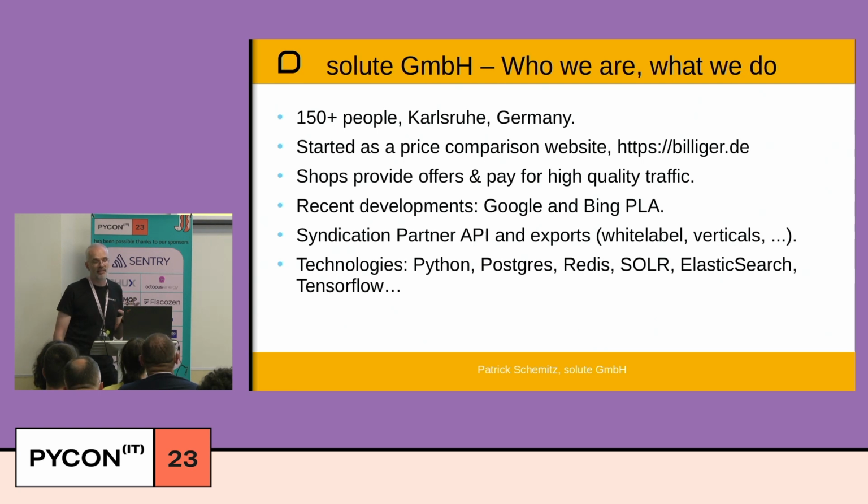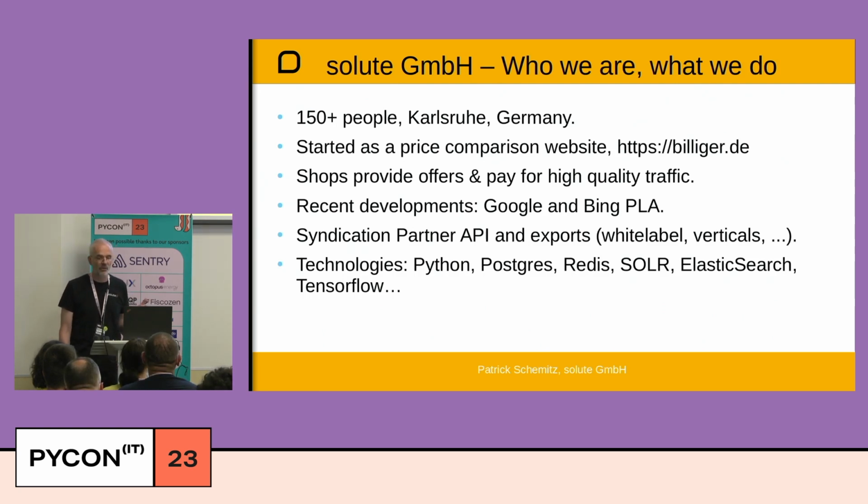We also provide access to these offers and further data that we aggregate via a syndication partner API, which is basically kind of like a REST JSON version of the website, except it also works internationally. And this API will be the subject of this talk. We are a Python company.